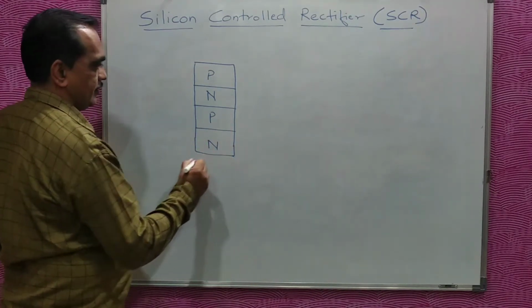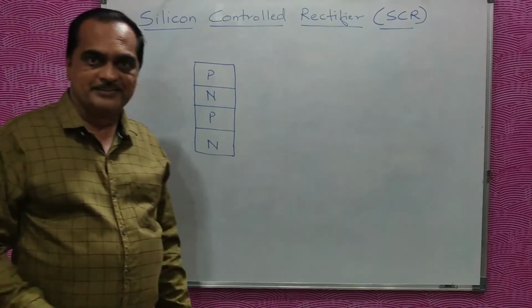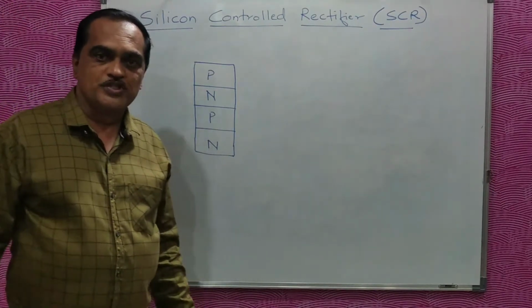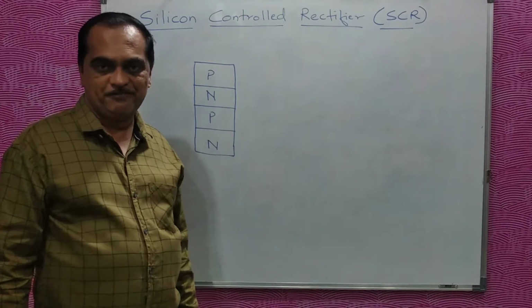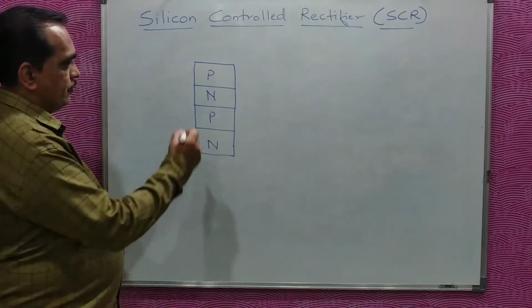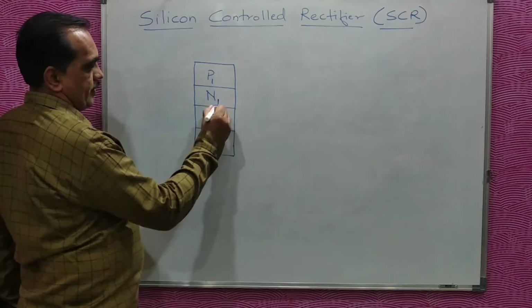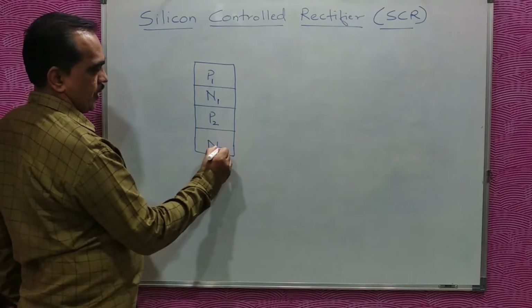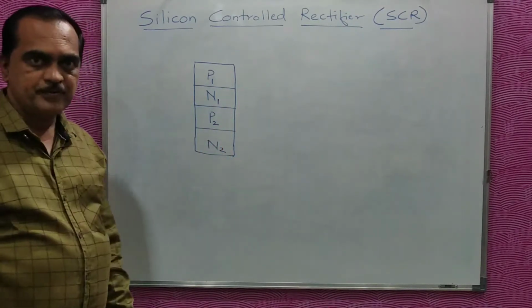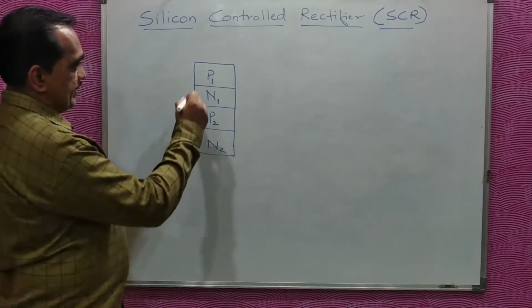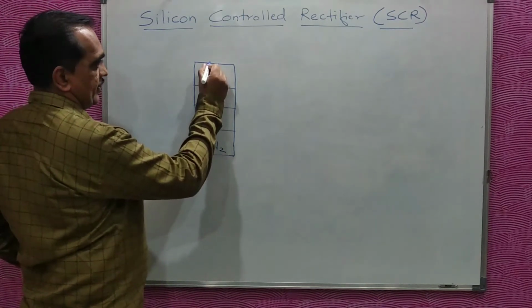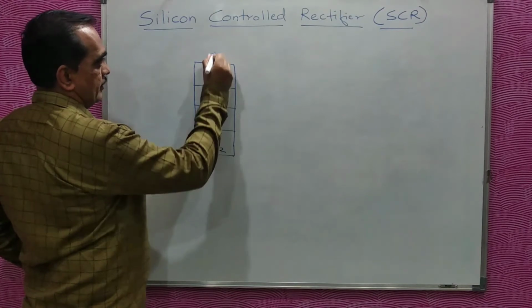So these will be the 4 layers which constitute a silicon controlled rectifier. We will name them P1, N1, P2, N2, right? And at the P type material, you can take one terminal.